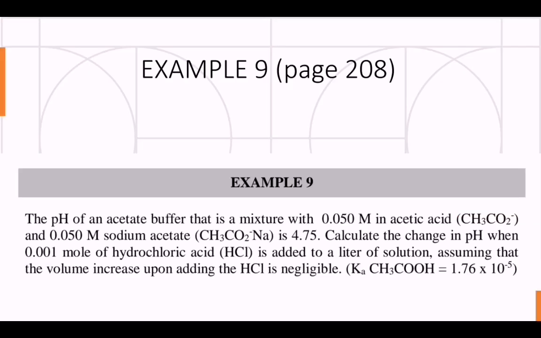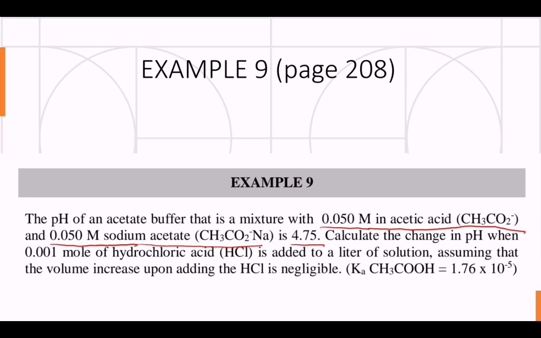Now let's look at example 9 on page 208. The pH of an acetate buffer, that is a mixture of 0.05 molar acetic acid and 0.05 molar sodium acetate, is given as 4.75.